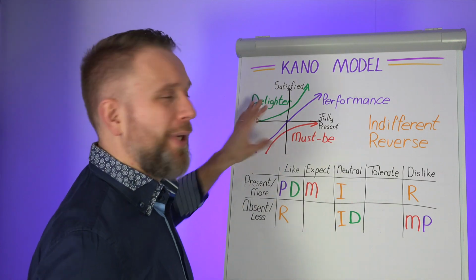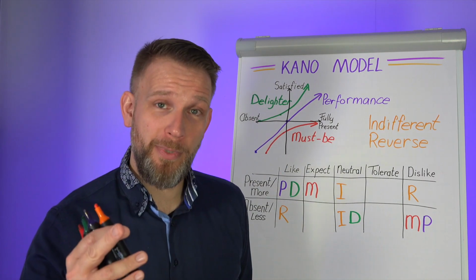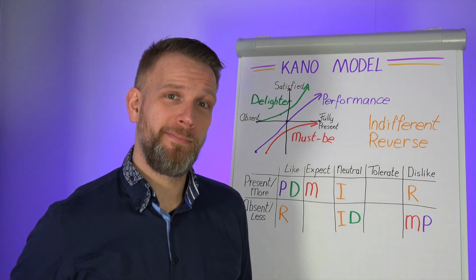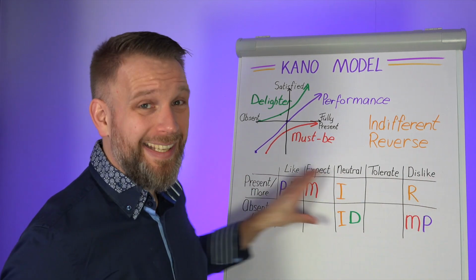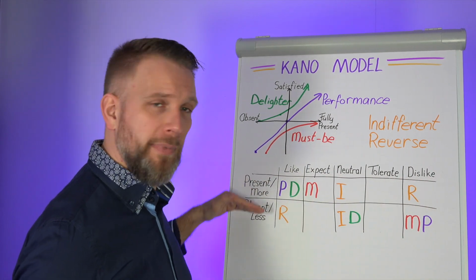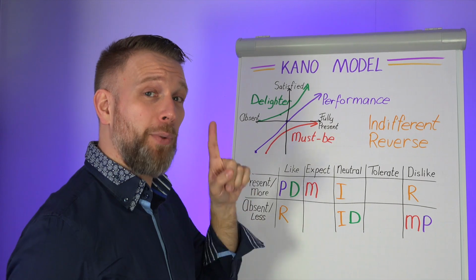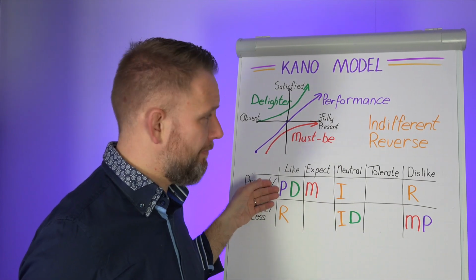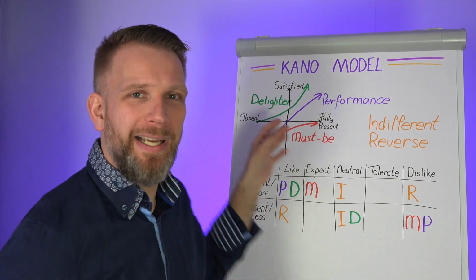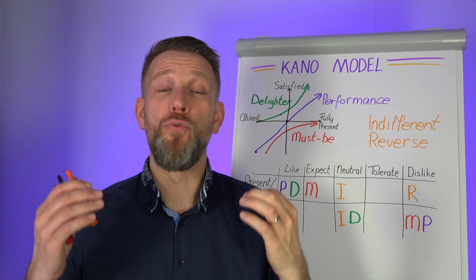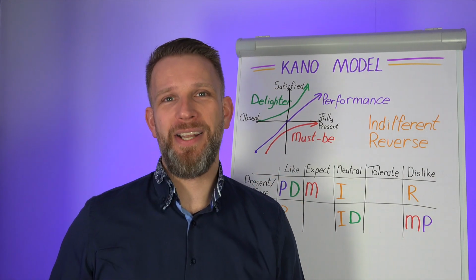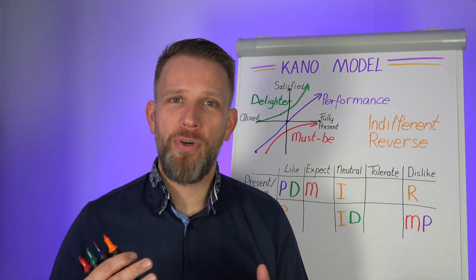So do this analysis on your customers, whether they're external or internal. Do take the time to actually ask these two questions about each of the characteristics you want to test. Plot them, and then you will get a really good Kano analysis that will help you to prioritize what you're going to be working on.